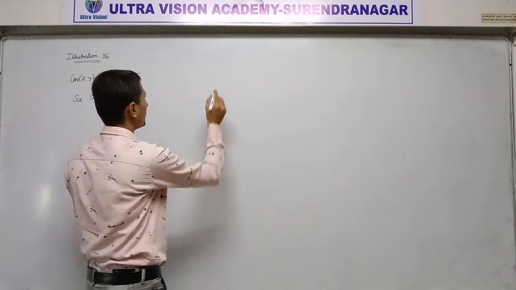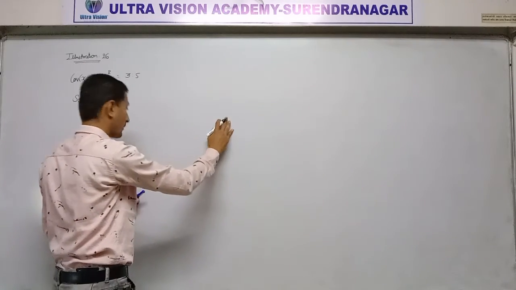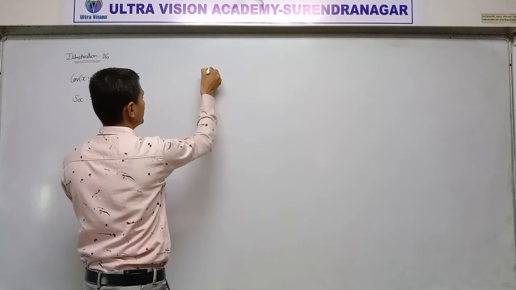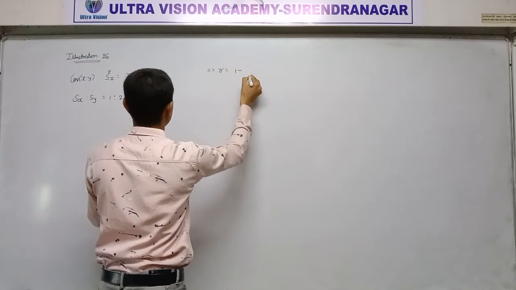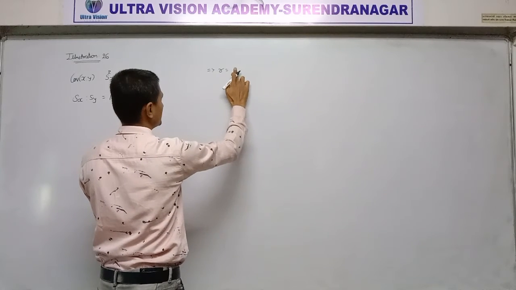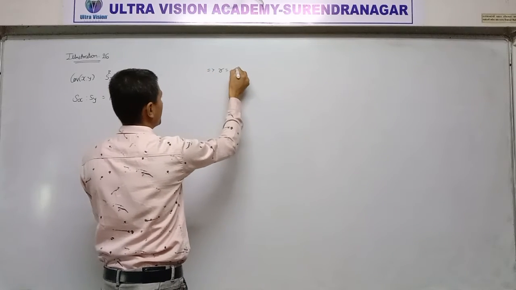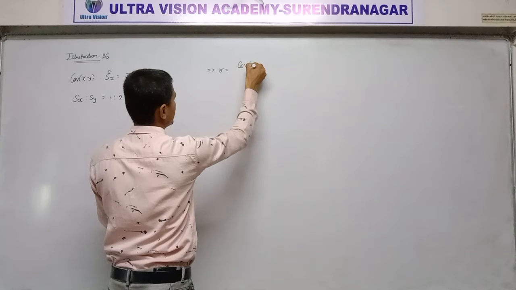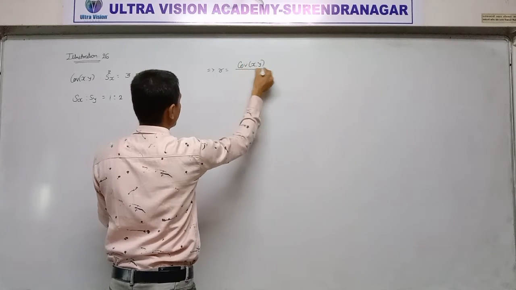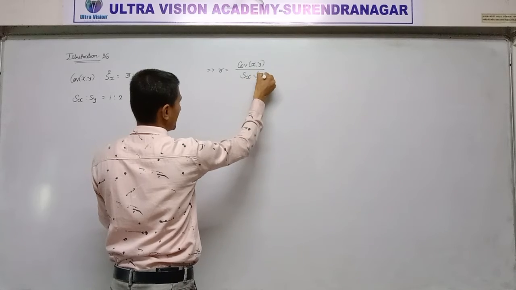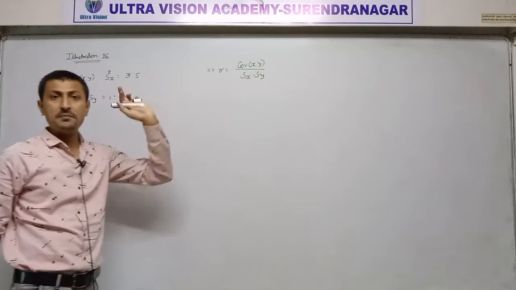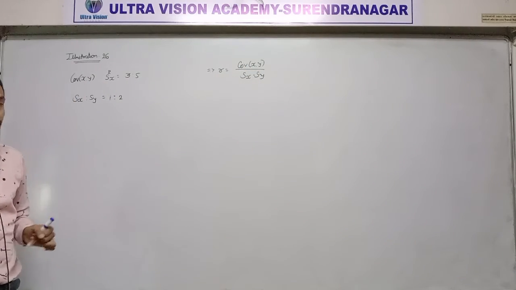So main formula for correlation coefficient is r is equal to covariance xy divided by standard deviation of x into standard deviation of y. This is our main formula for calculation.